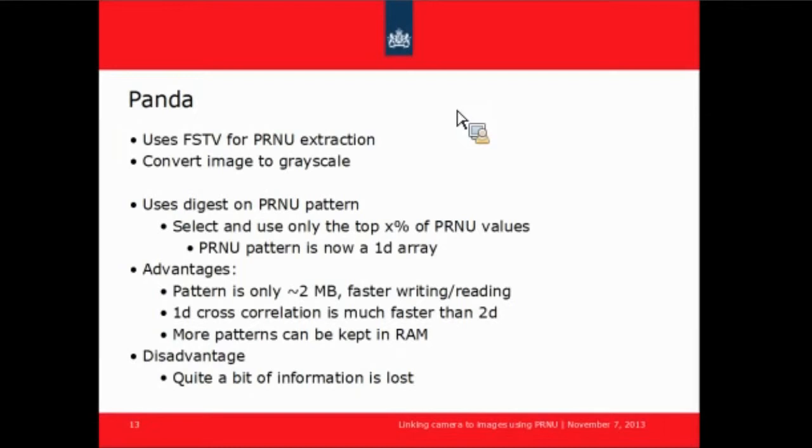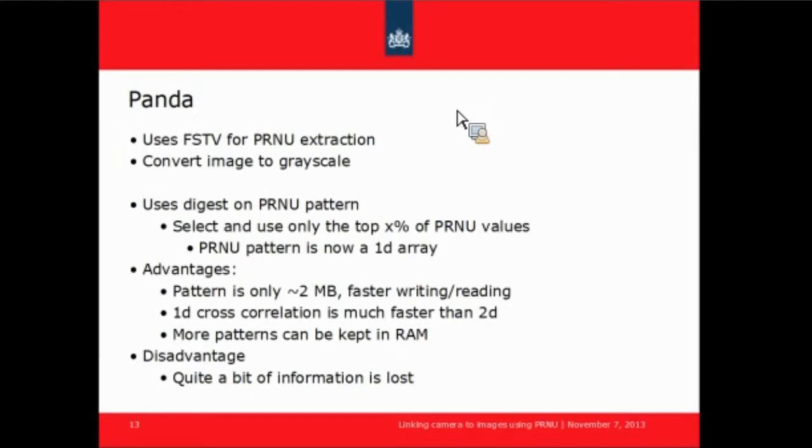Then we do a digest on the PRNU pattern. This means that we select only the highest absolute values of the PRNU pattern, and you can take like 5 or 10% of the total pixels.